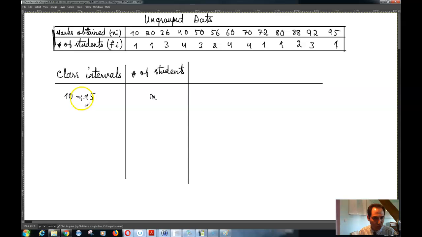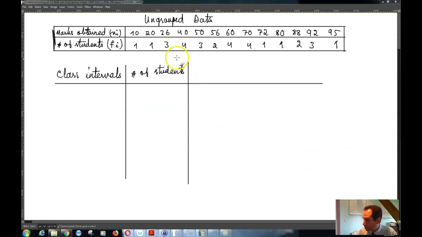The only thing I could say is that a certain number of marks have fallen within this category, for example from 10 to 95. That's all I know about my data. Otherwise, I have lost all of the information about my data.